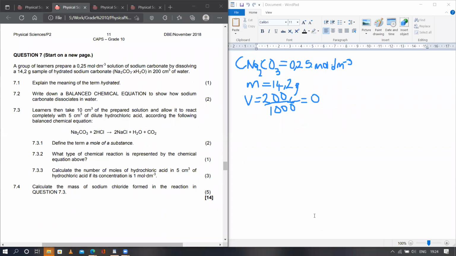So we're gonna convert it to 0.2 cubic decimeters. And then now they say, what's the meaning of the term hydrated? That just means something is in water.